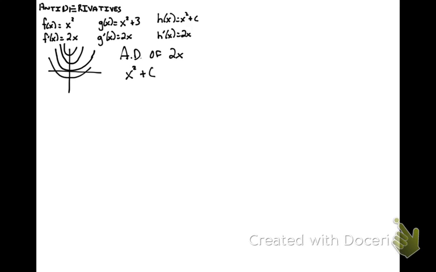Now, another term for finding the antiderivative is this idea of finding the integral. The notation for finding the integral of something, if I wanted to find the integral of x squared, would be using this symbol, which we'll go into a little more detail about in the future. What is the integral of x squared with respect to x?